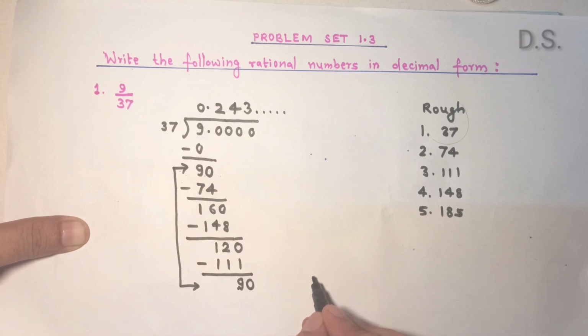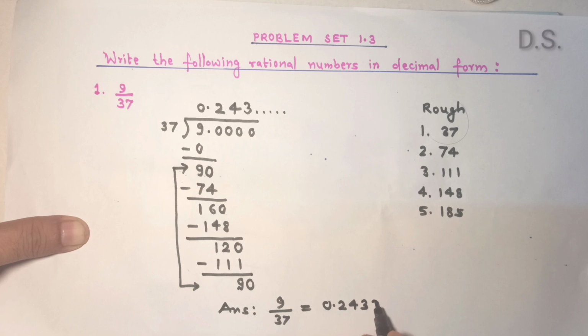And you can write the answer: 9/37 is equal to 0.243243 and so on. This means it is equal to 0.243 bar.